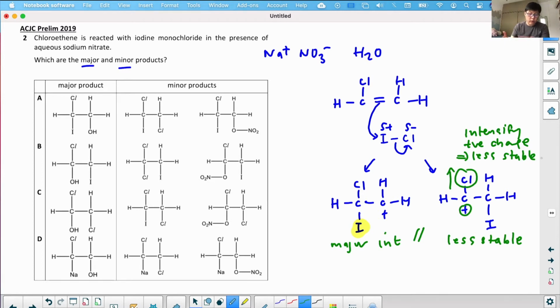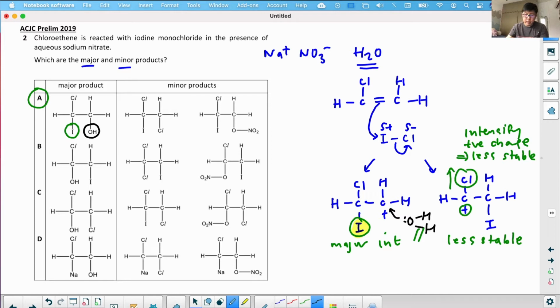So if I look at all the options, I want to make sure that it's the I on the Cl. So based on the options, A seems like the best answer, all right? And why are the rest the minor products? Okay, so what happens next? Because water is in excess, water will be the main nucleophile to attack this carbon, and that's why you get OH over here.